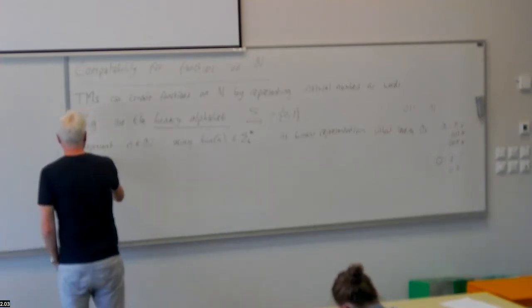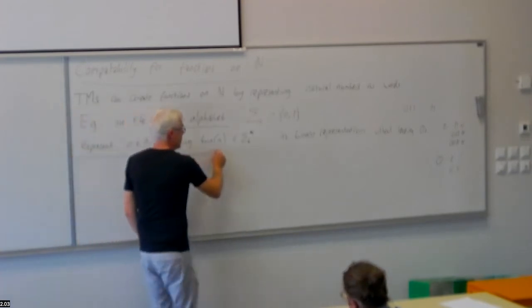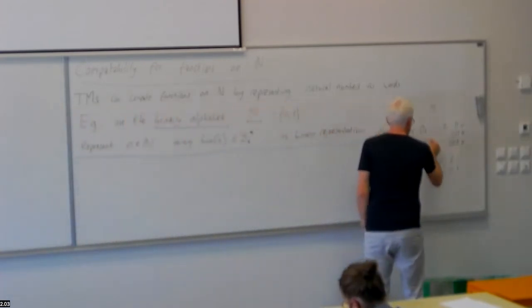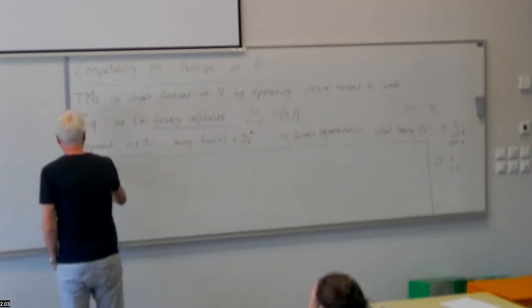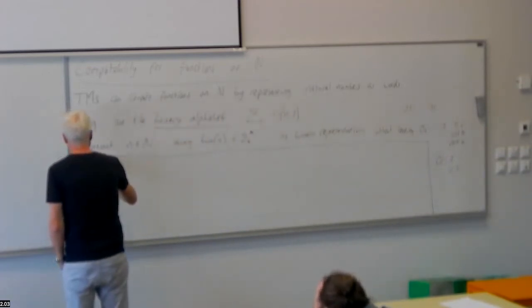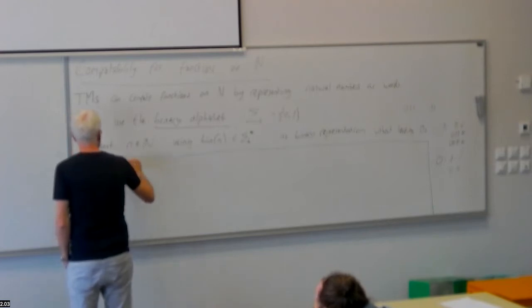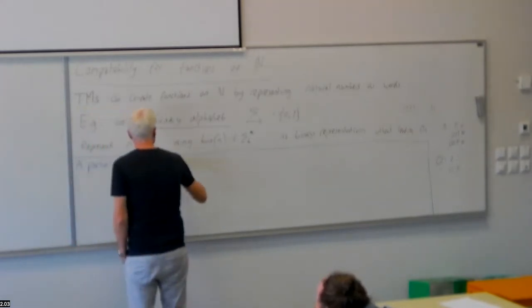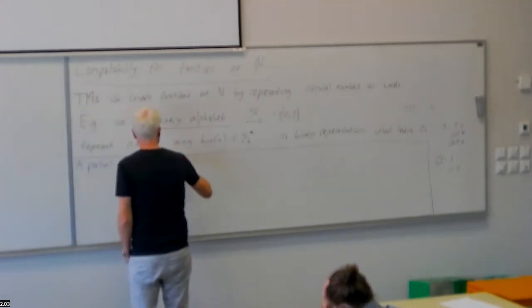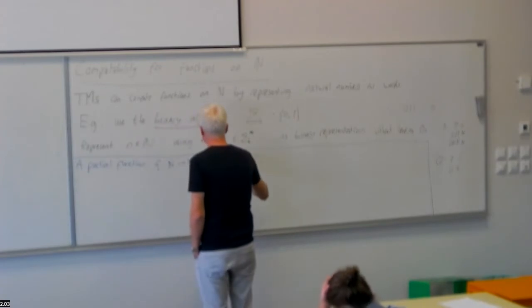So squeeze it to the bottom of the board here. Definition: a partial function f from natural numbers to natural numbers is computable.